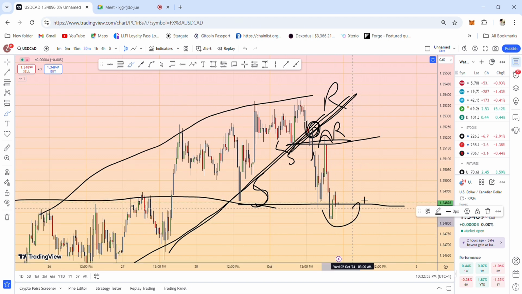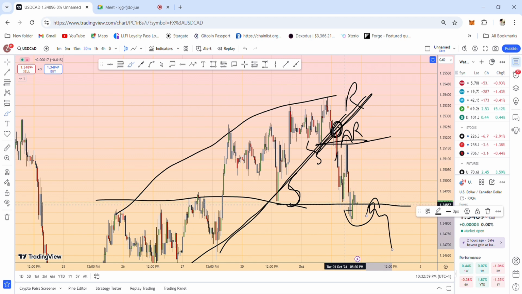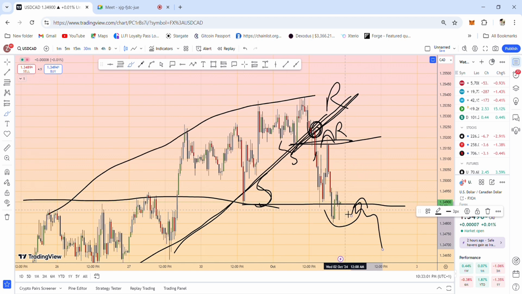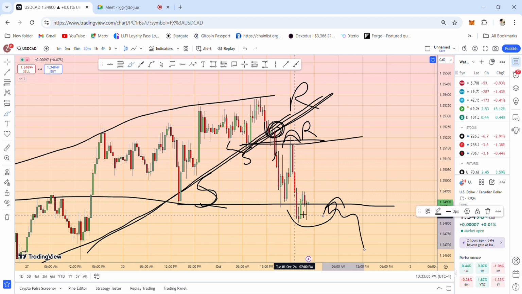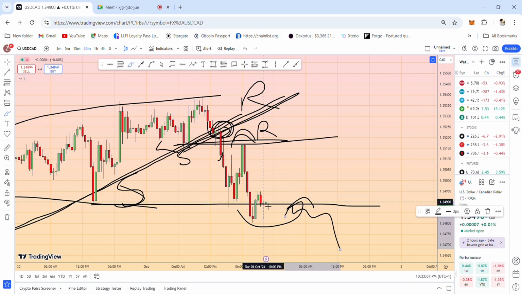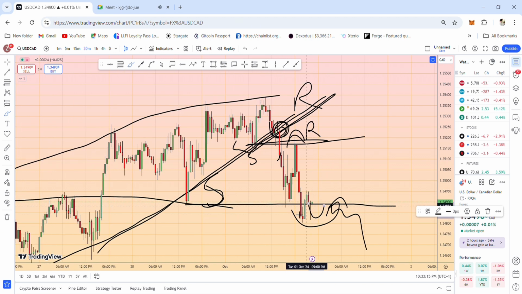It might reverse from here and go up, or it might come down, sell, and lose the support area. So automatically, once price is there, you are looking to buy. When price is in the support area, you just buy to target the next high.